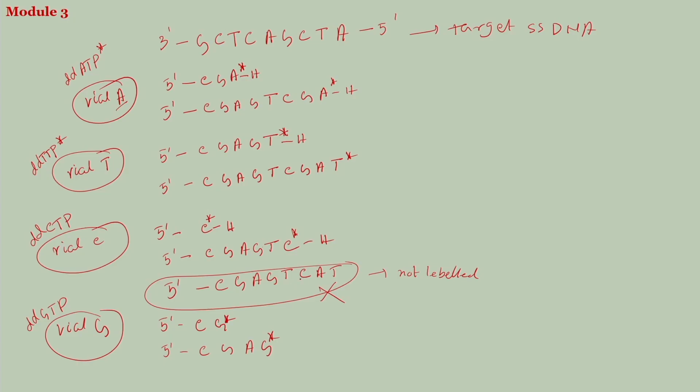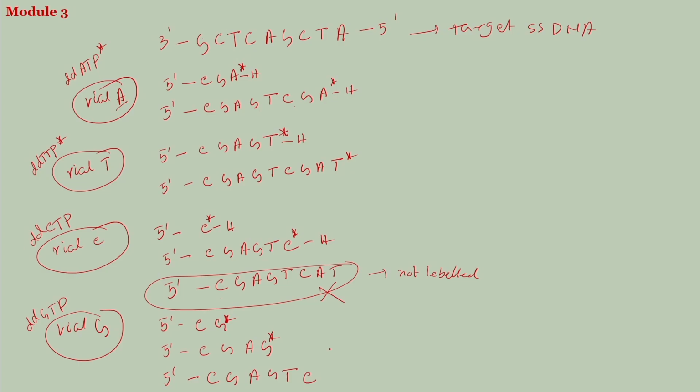No other possibility. 1C, 2C, 3C, so there should be 3 G fragments. First one is C G, then the 4th position, and then there would be another C G A G T C.